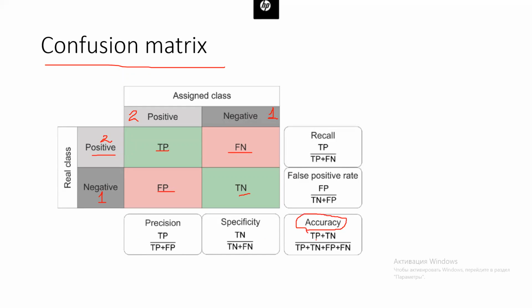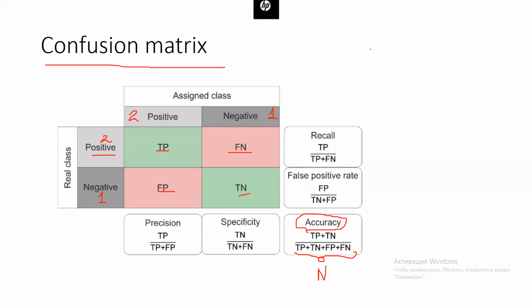Accuracy is calculated as the number of true positive and true negative objects, so all objects which were classified correctly from the first and the second class, divided by the total number of observations, the general number of objects in the data set.